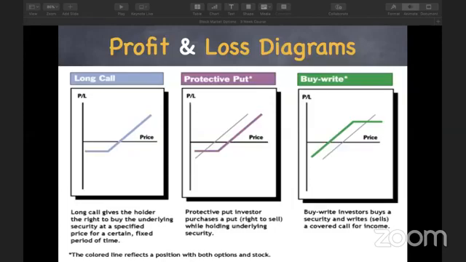So that was something we were looking at just a moment ago. We were buying a call and looking up and down the options chain to figure out which strike price made the most sense for us, because they all have different break evens.